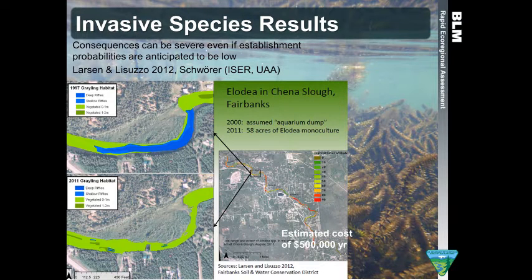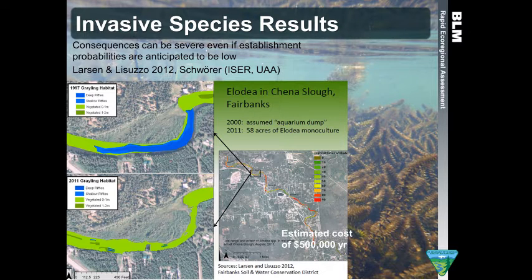And there's been additional research that's showing that there are some potential ecological impacts of things like waterweed or elodea. This is work by Amy Larson and Nick Lattuso, as well as Toby Schroer, showing that after elodea established in China's slough, there's this great increase in the amount of vegetation and a reduction in grayling habitat.